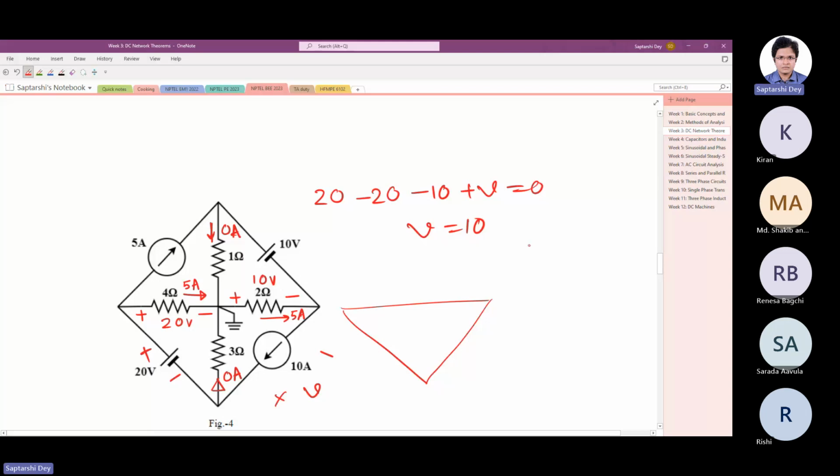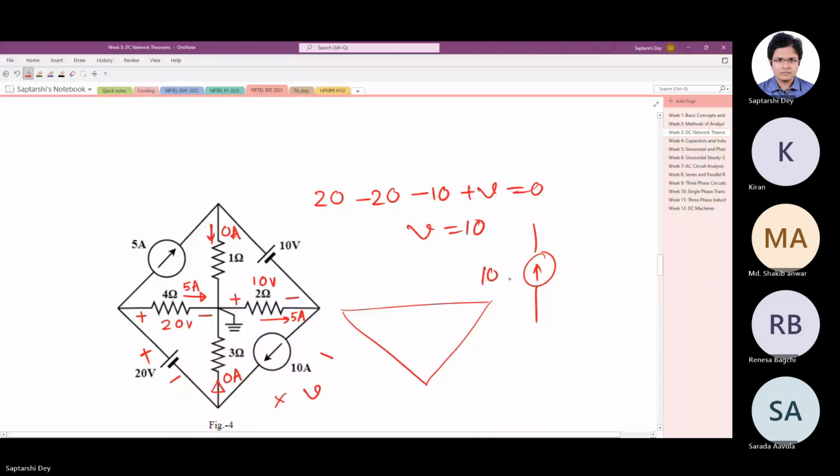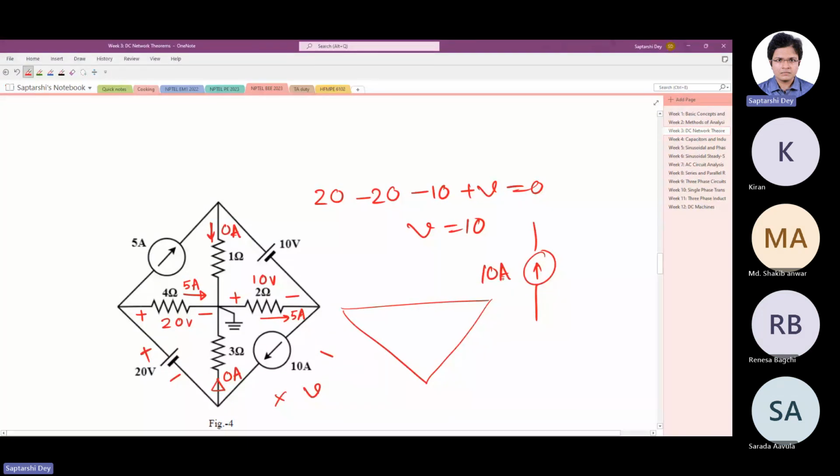So basically the current source we have is 10 ampere and a voltage of 10 volt.